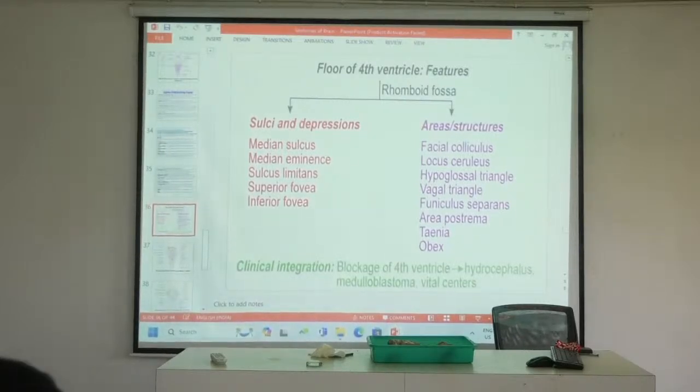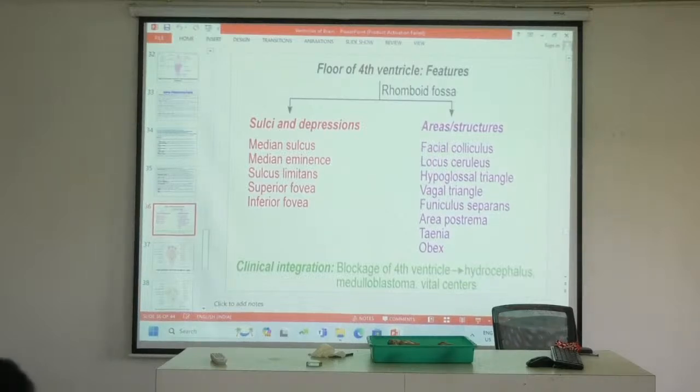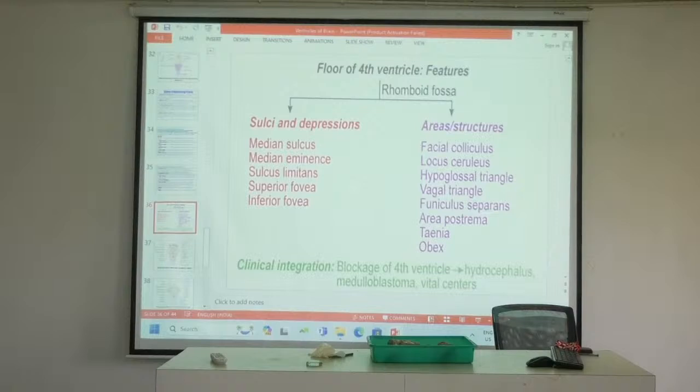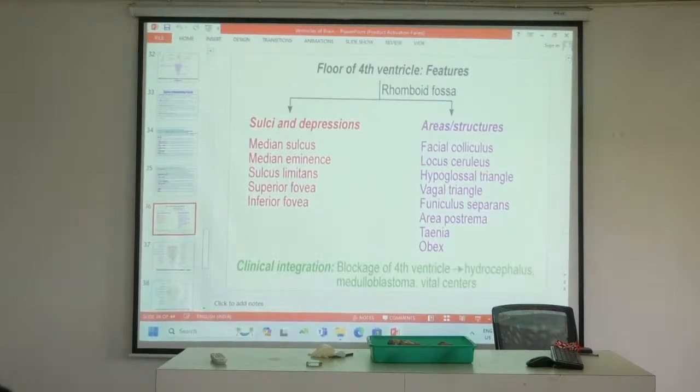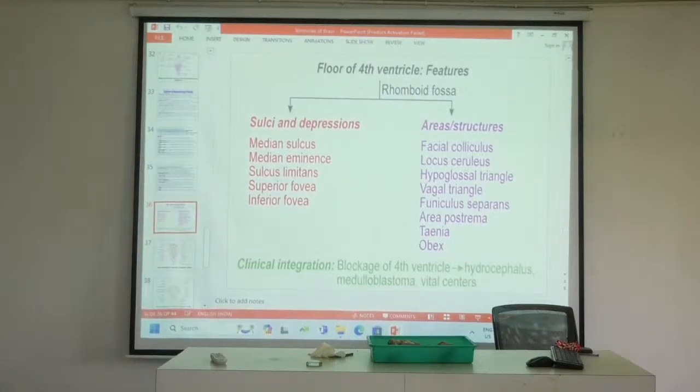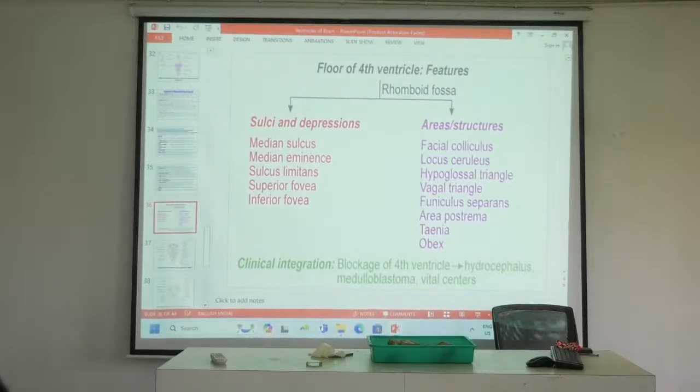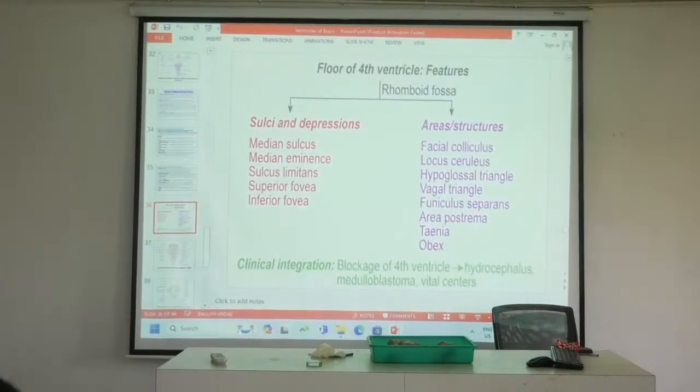Median sulcus; lateral to the median sulcus is the median eminence. Lateral to it lies the sulcus limitans. At the upper end of the sulcus limitans, superior fovea. Lower end of the sulcus limitans, inferior fovea. Areas of structures: facial colliculus, a rounded structure in the upper part of the median eminence near the superior fovea.